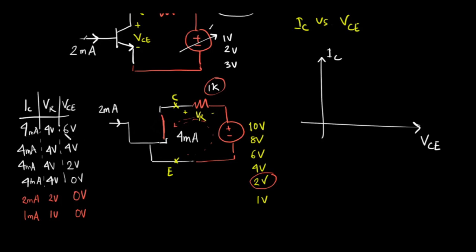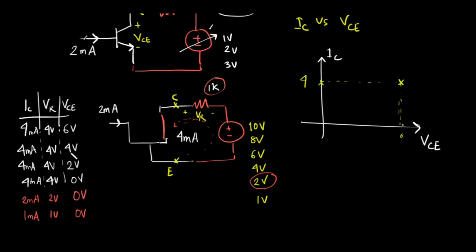So for the first row, you can see that VCE was 6 volt and IC was at 4 milliampere. Suppose this is the 4 milliampere mark. If VCE was 6 volt, then IC was at 4 milliampere.